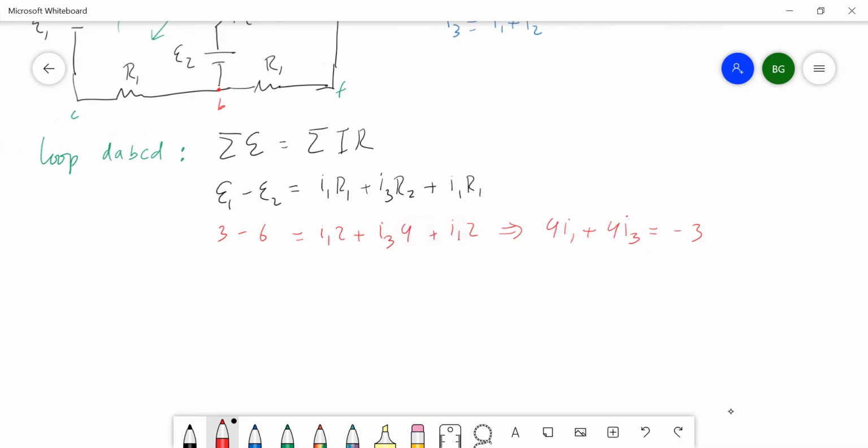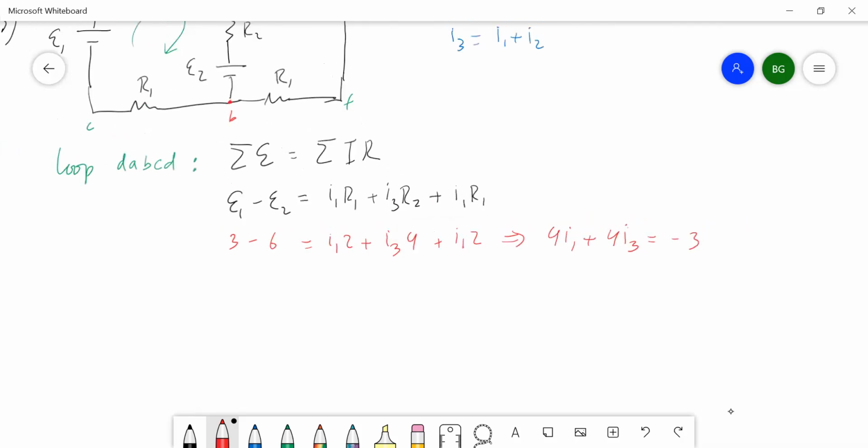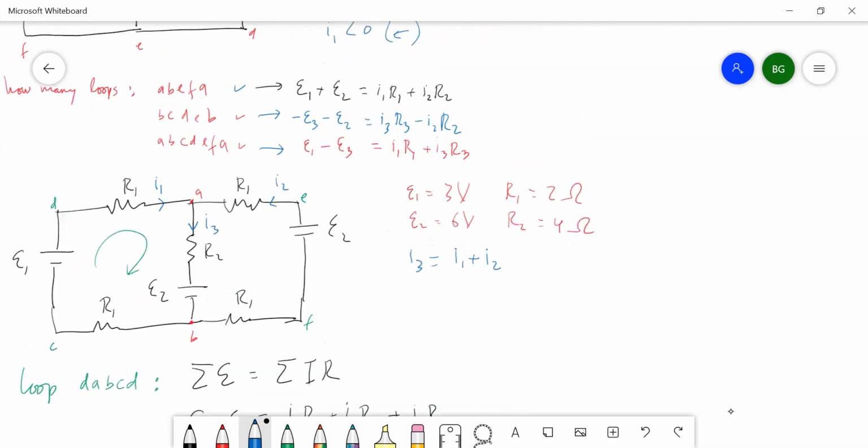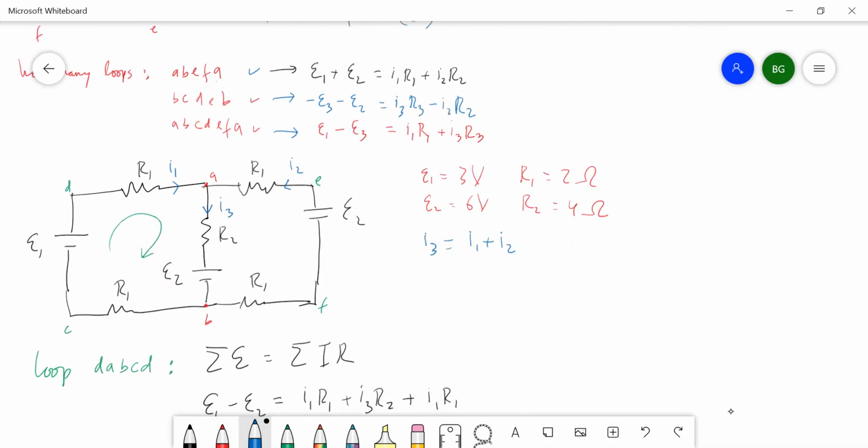Then we get the right-hand loop: A, E, F, B, A. Okay, this one again.